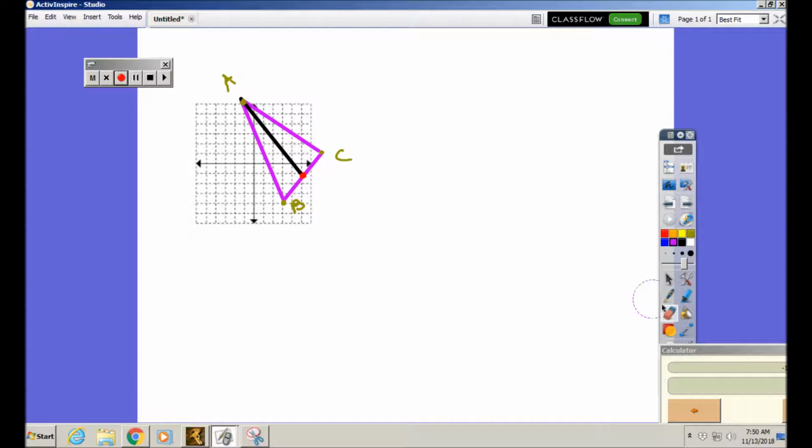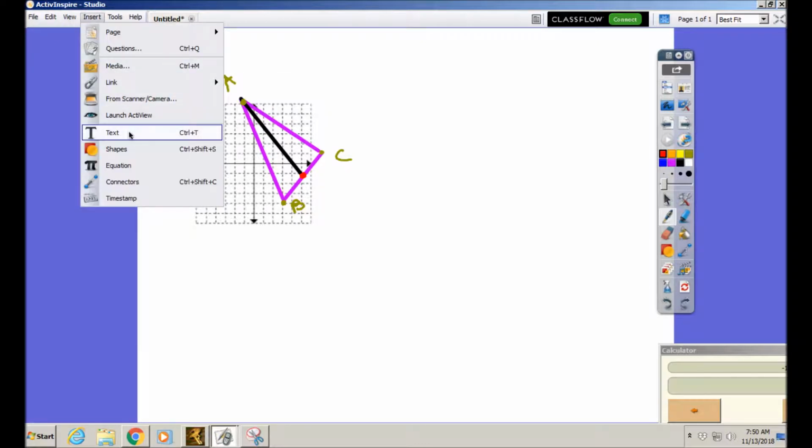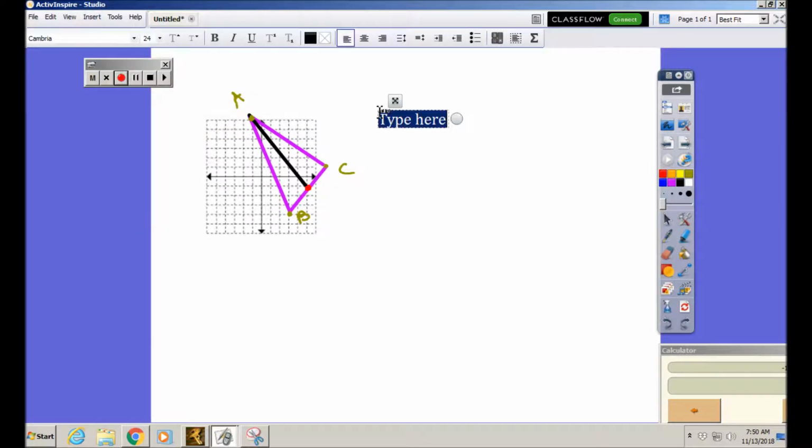And you know what else I'm going to do here? I'm going to type. Insert. Text. So guys, what am I doing here? I'm going to need a vertex. Then I'm going to need the midpoint of the opposite side.